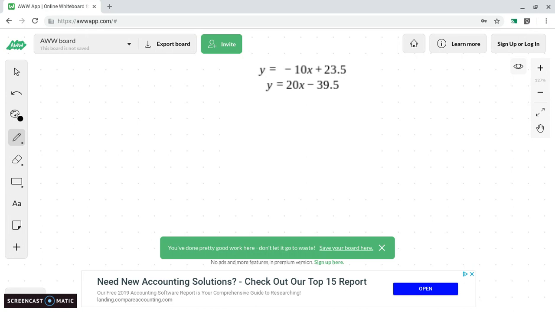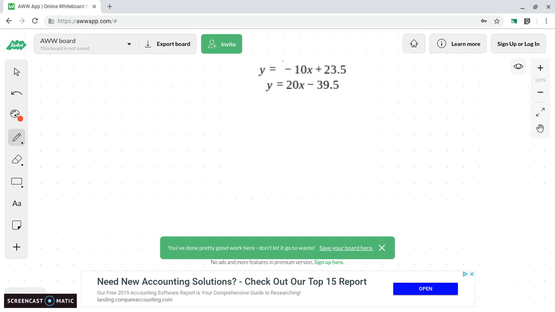So for this one, we are going to use substitution because we have a variable by itself. If we wanted to use elimination, because they are lined up, if we added the columns, neither variable would be eliminated. So we're going to use substitution for this.